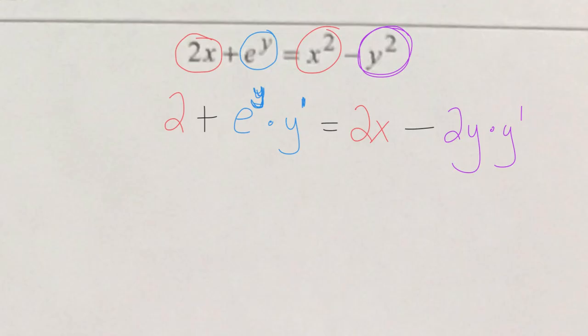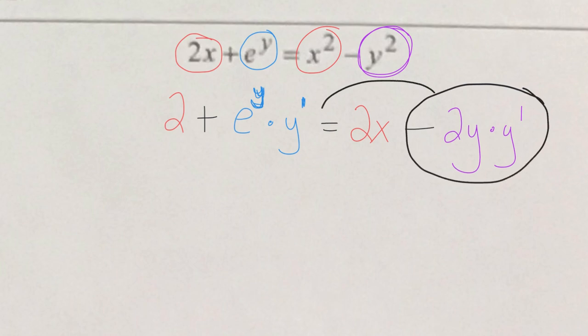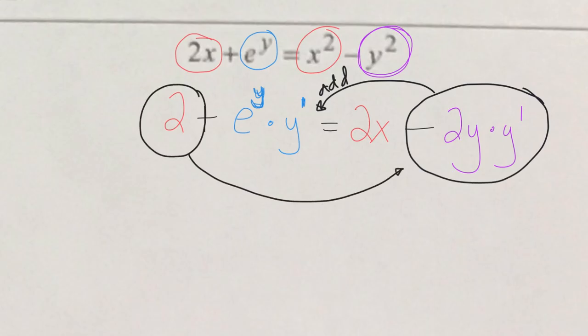Okay, so now we do the algebra. Let's get our y primes on the same side and our non-y primes on the opposite side. So I'm going to bring this purple term over to the left, and since it's a negative, I'm going to add it over here. And I'm going to take my red positive 2, and subtract that over here.